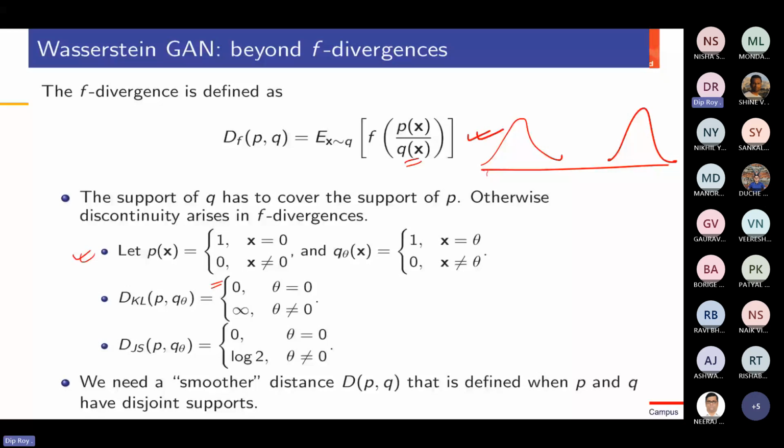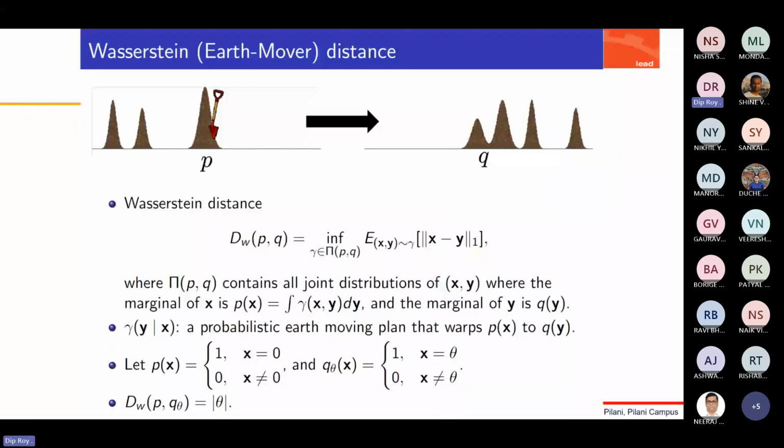Okay, now this is basically the Wasserstein GAN, or the earth mover distance. All right, the distance is called the earth mover distance or the Wasserstein distance, and when you apply it to a GAN, it is called the W GAN.